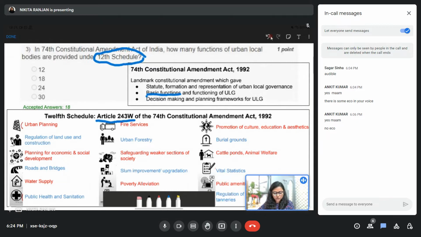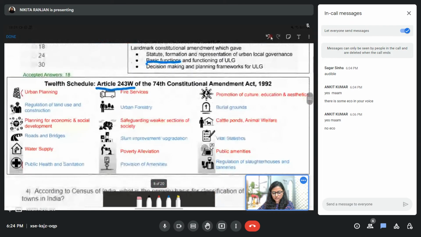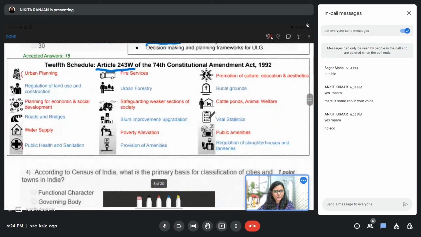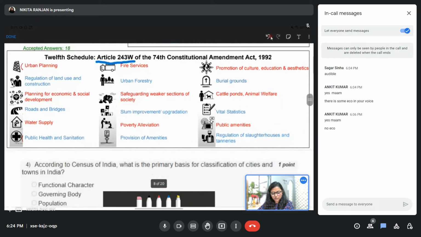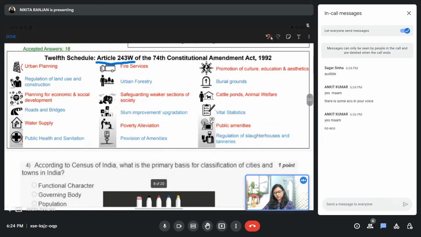This is the document which outlines the different functions which any urban local governance body is assigned. So this is a list of all the functions which they are assigned.